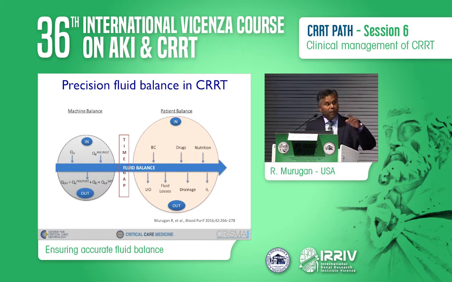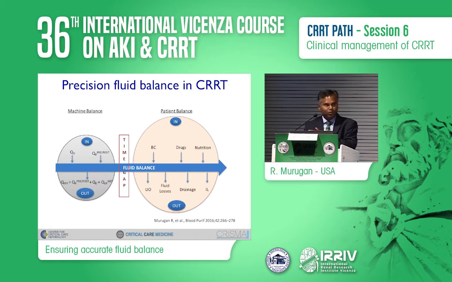And that volume management is not based on the hourly intake or output of fluid of the patient. You can easily imagine this situation. If you have a patient who's receiving 200 mLs of fluid per hour, and you're removing only 100 mLs on CRRT, people think that, okay, you're removing 100 ml on CRRT, but not recognizing that the patient is getting 200 mLs per hour, which means that every hour the patient would be 100 mLs positive.